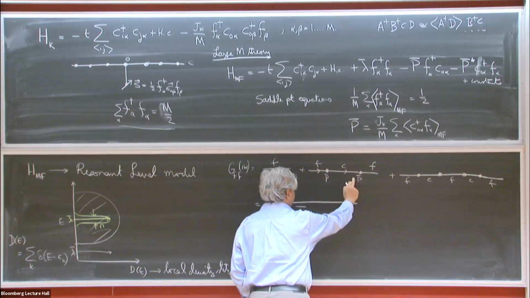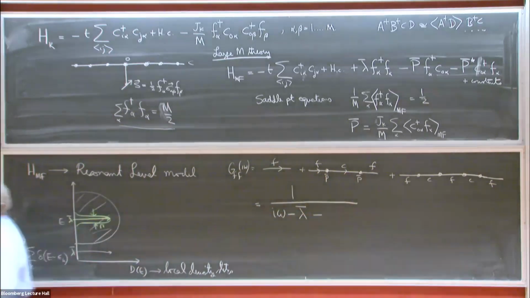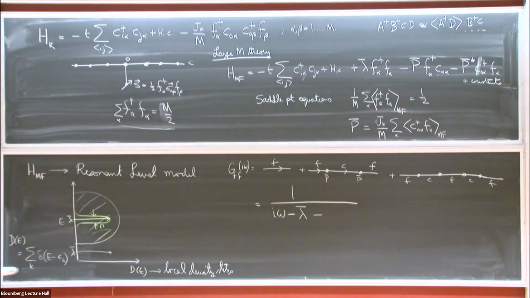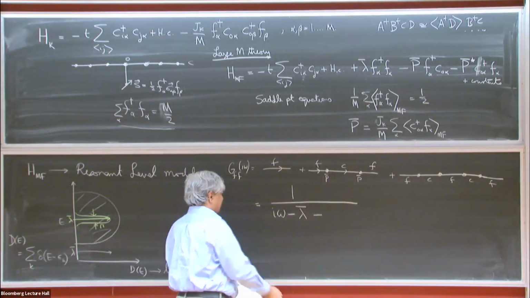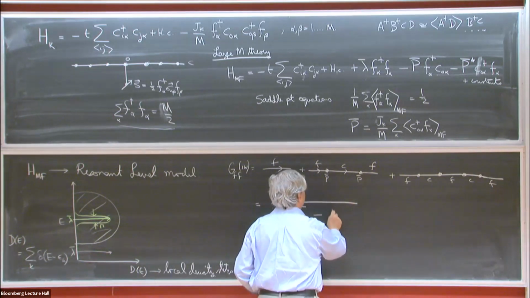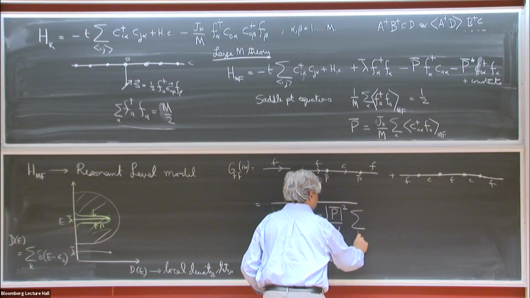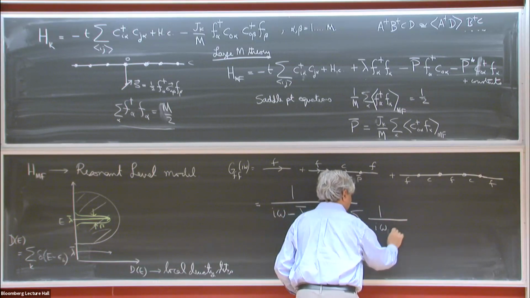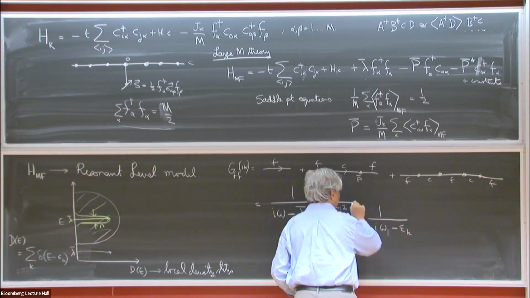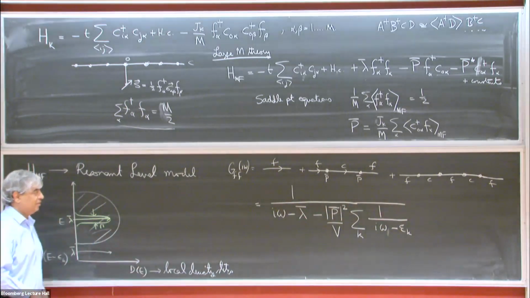And then there's a self-energy here, which is going to be, make sure I get the sign right. But I can just guess, I don't think I need a P bar squared. You'll get a sum over K, 1 over volume, 1 over I omega n minus EK. And that's the exact Green's function of the resonant level model.